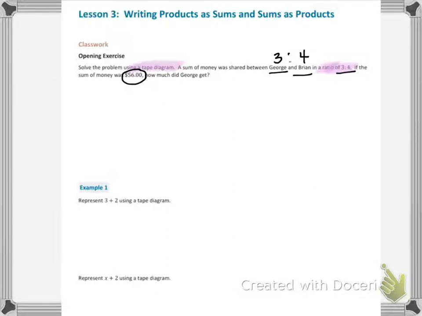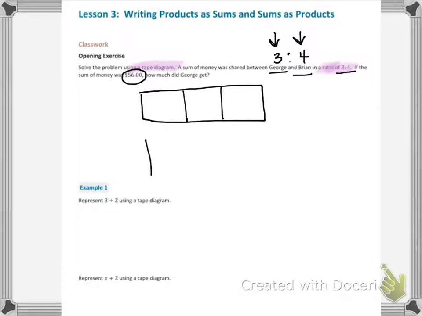Okay, so let's go ahead and do this with a tape diagram, and we're going to use these ratio values. So if we do a tape diagram for George, he has 3 pieces for every 4 pieces that Brian has.